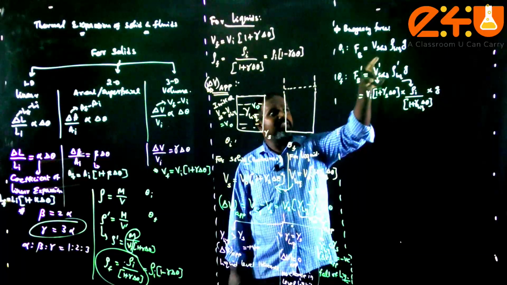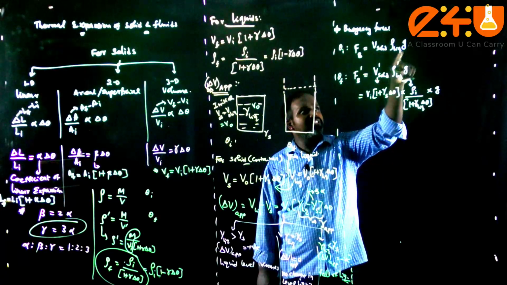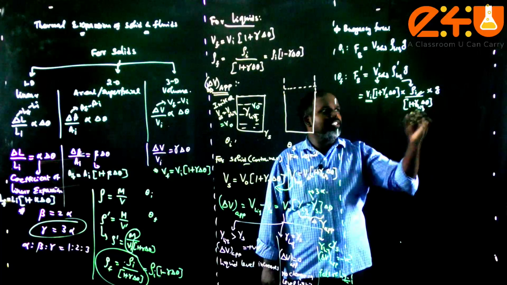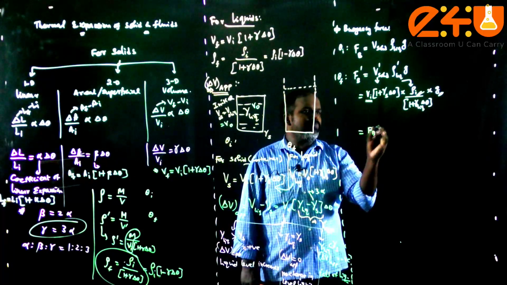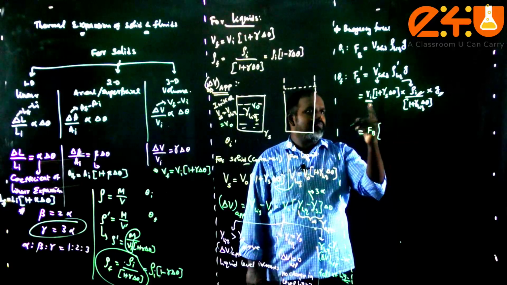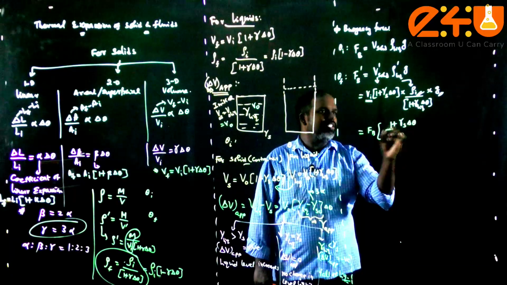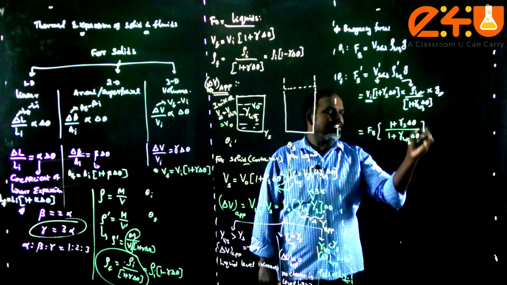Just see this expression: initial volume of the solid, initial density of the liquid, and g. This is F buoyancy. Therefore, F_B into the remaining term, (1 plus gamma solid delta theta) divided by (1 plus gamma liquid into delta theta).